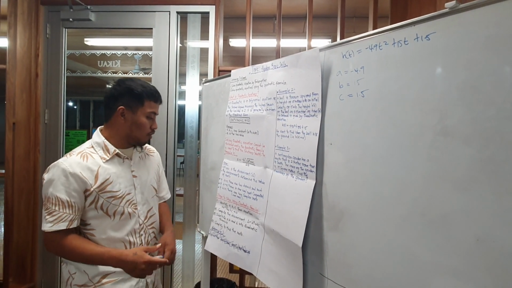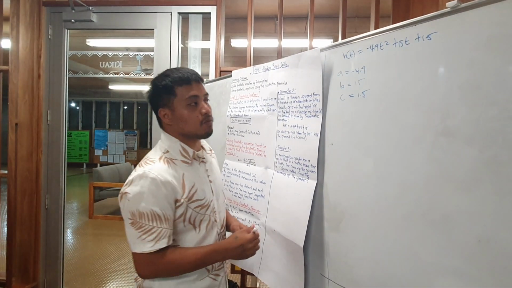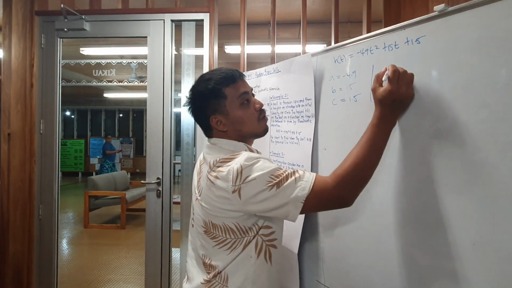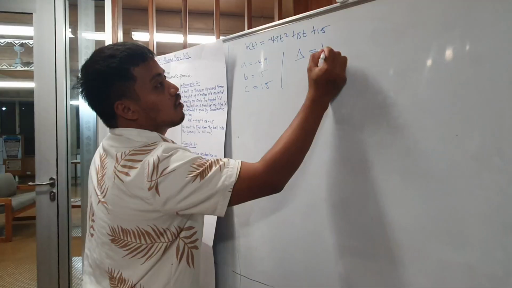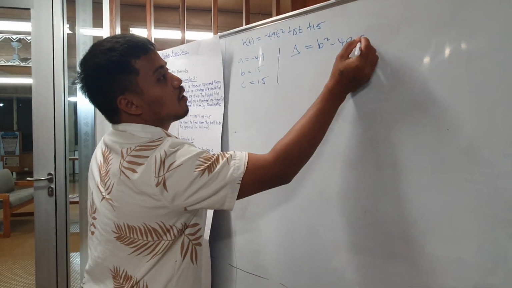For the second step, you need to calculate the discriminant using the formula b squared minus 4ac.